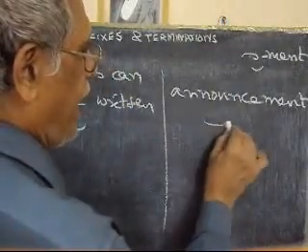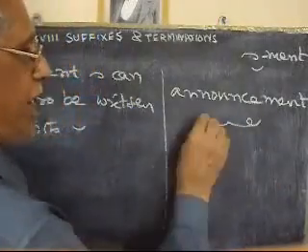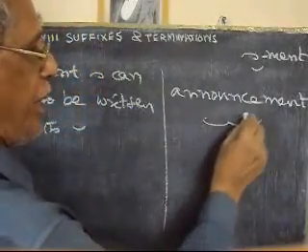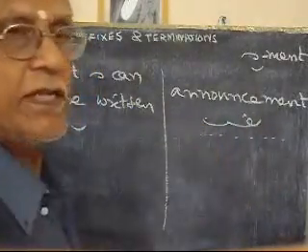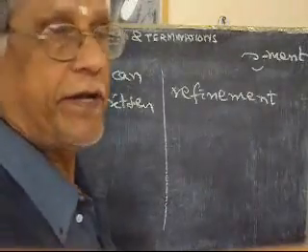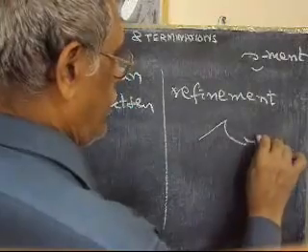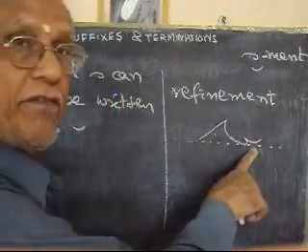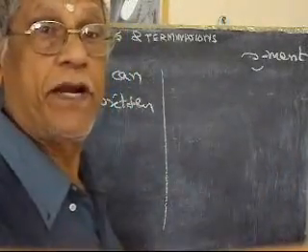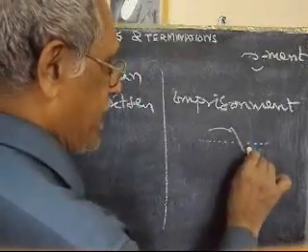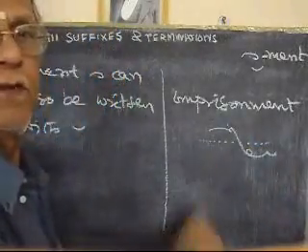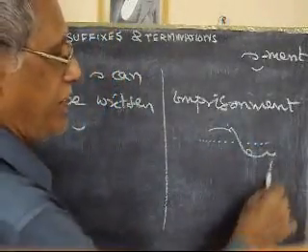Announcement. This is convenient. Refinement, N hard convenient. Imprisonment, N hard is convenient.